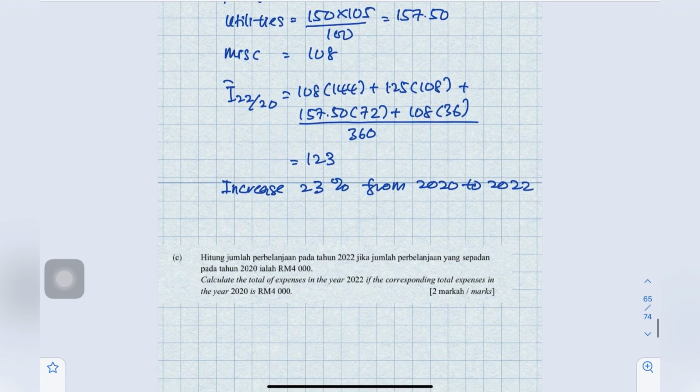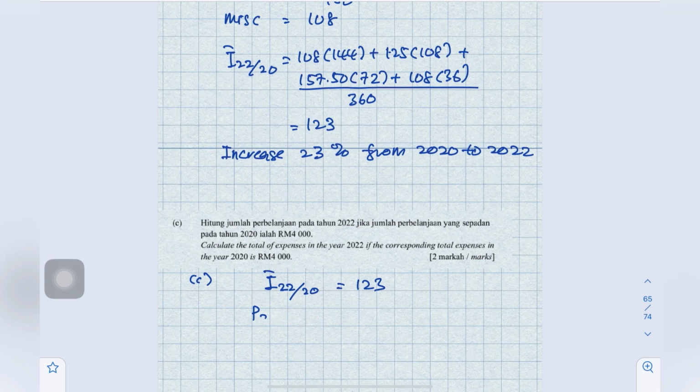C. Calculate the total expenses in the year 2022 if the corresponding total expenses in the year 2020 is 4,000 ringgit. So now we have I bar 2022 base 20 is 123. So P22 divided by P20 times 100 equals 123.